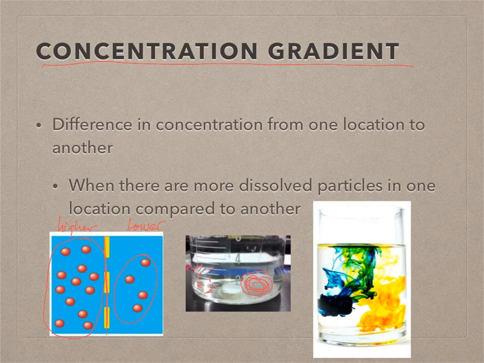Same thing with the colored dyes here, the food dyes. When you first drop them in, it'll be much more concentrated here of that greenish blue color and much more concentrated here. And then obviously in this area, very little particles. Over time, these things will go to equilibrium where they'll be equally distributed throughout.